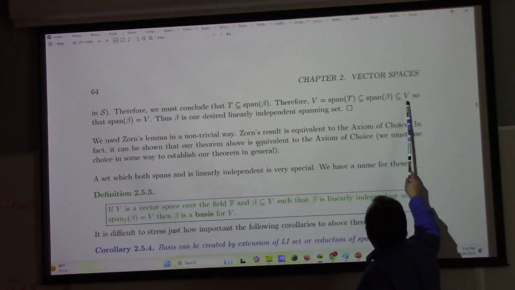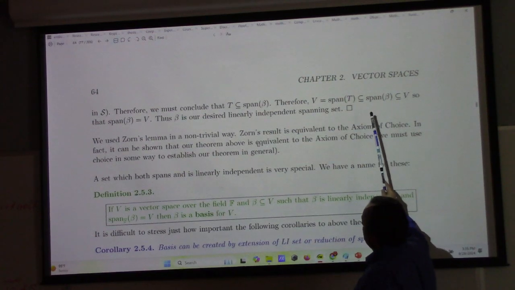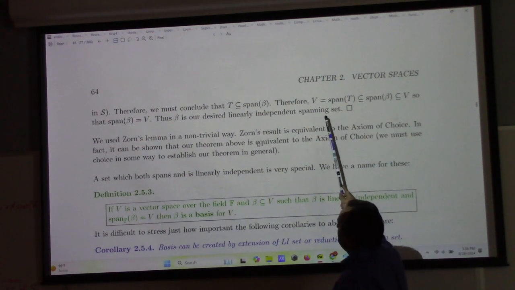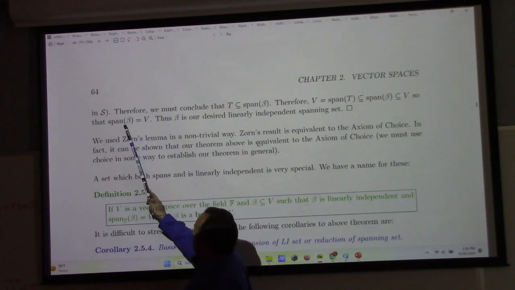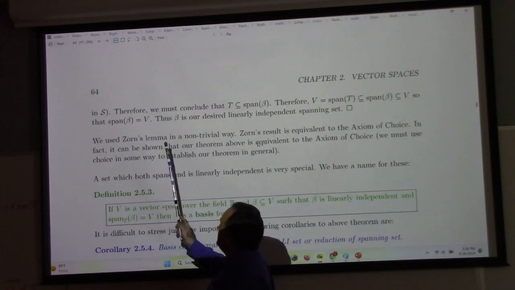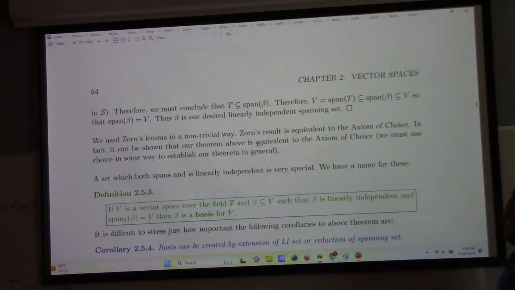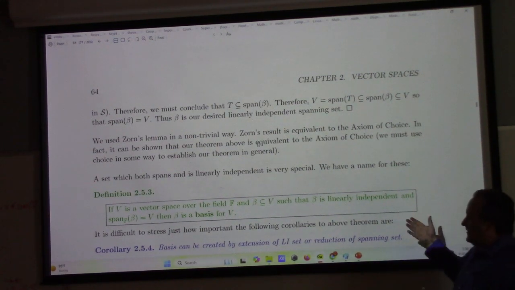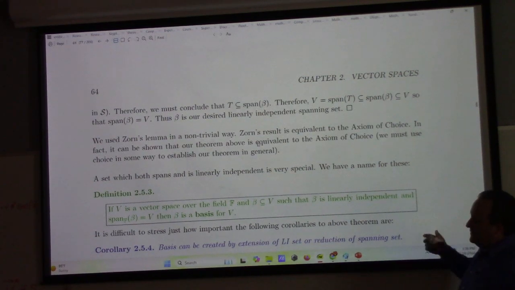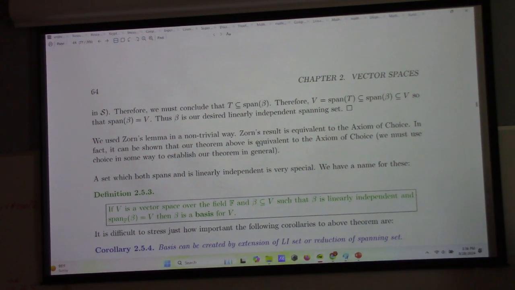The point is that the span of beta is equal to V, thus beta is our desired linearly independent spanning set. As such, since we can do this for any vector space whatsoever, this brings us to define a basis. A basis is a set in a vector space that's linearly independent and spans the space. All right.